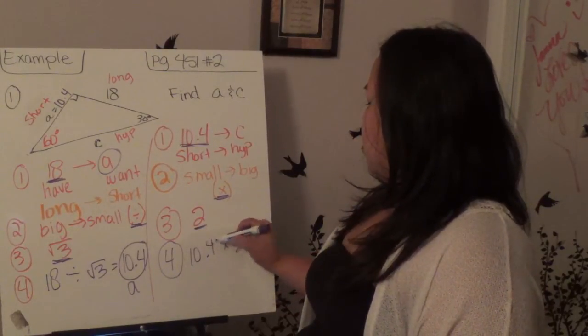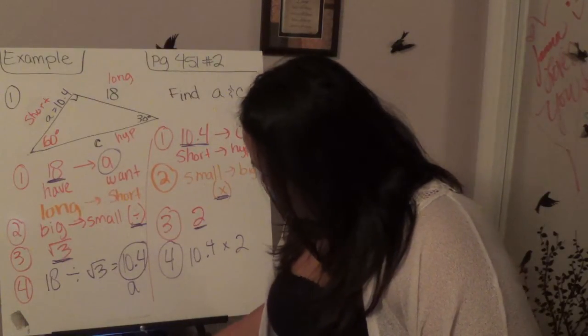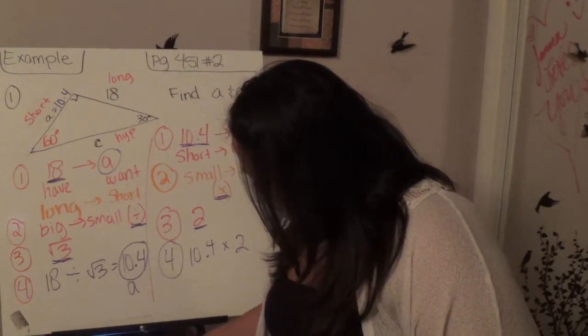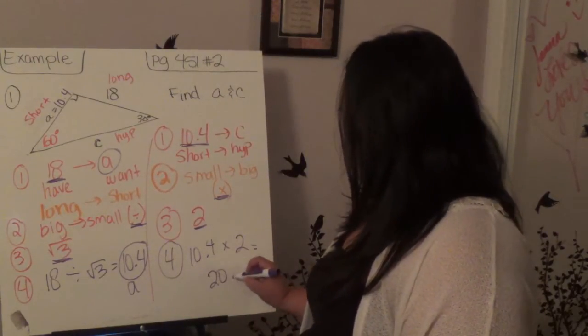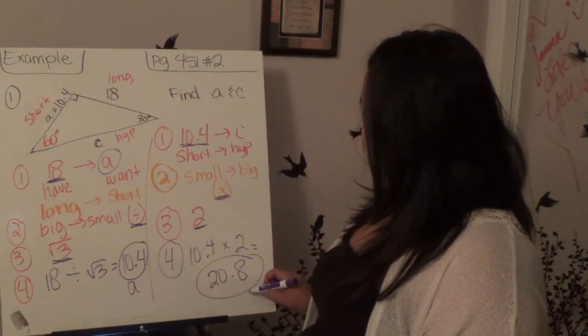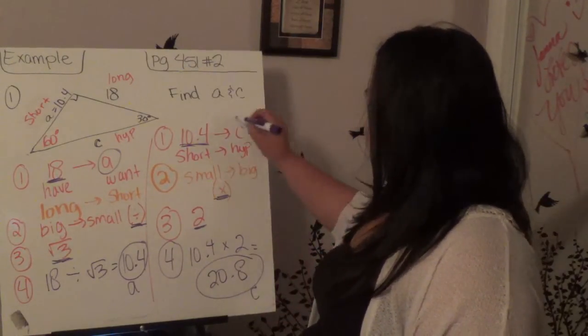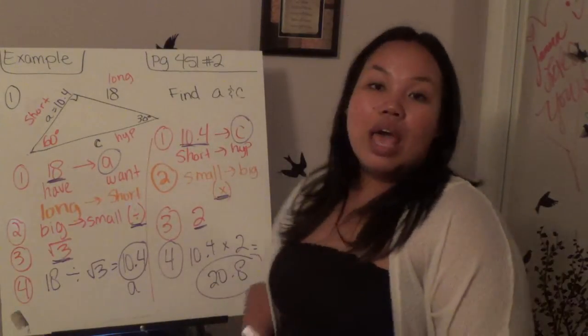So I'm going to do 10.4 times 2. This would give me 20.8 is C. Okay, so my answer is 10.4 and 20.8.